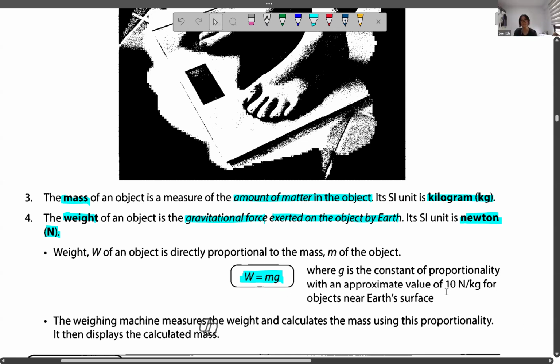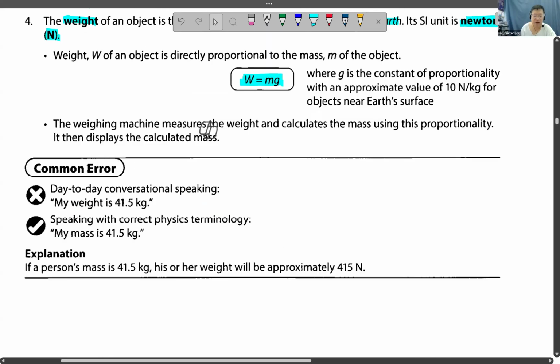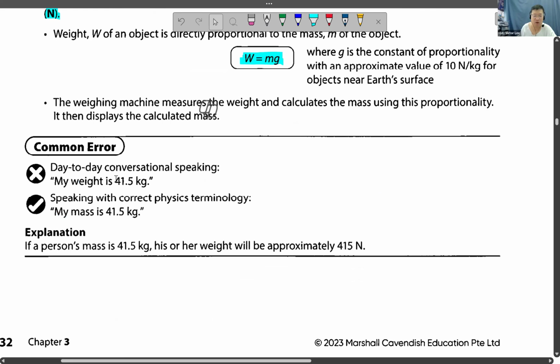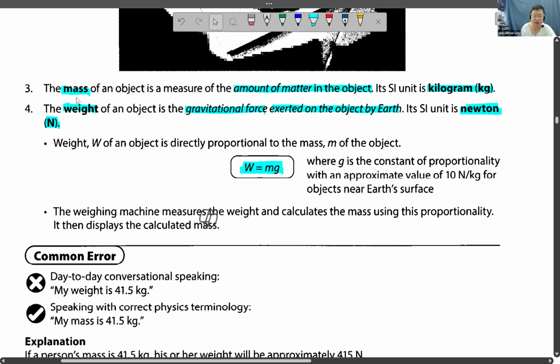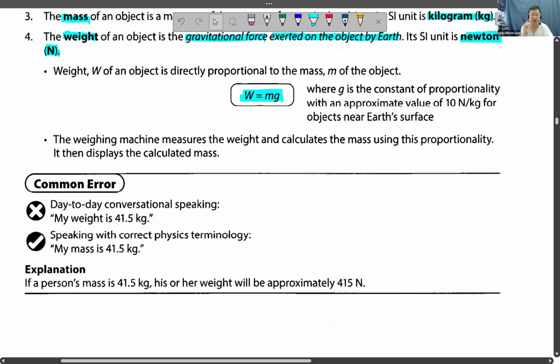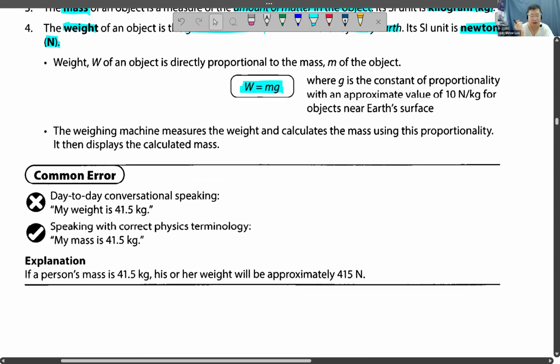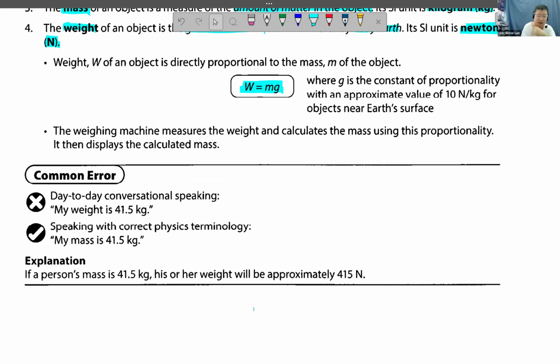For example, in day-to-day conversation, we say my weight is 41 kg. But the weight is supposed to be what? Newton. It's not supposed to be kg. Kg is mass. So to be correct physics-wise, if I measure myself at 41.5 kg, it means my mass is 41.5 kg.